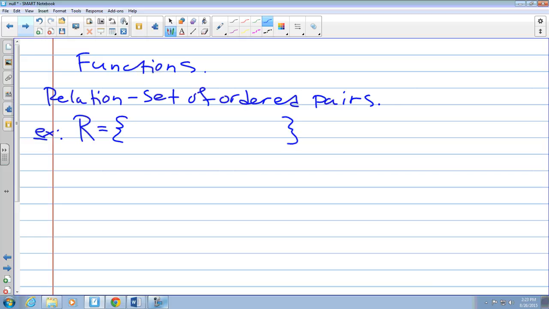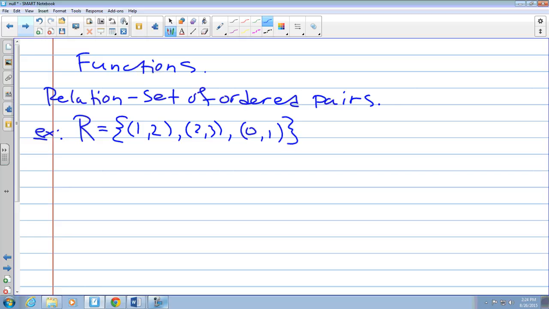How many of you have dealt with set curly braces? Is that something we're not certain about? Okay, I'll dive back a little bit. Now we'll just list things, ordered pairs, whatever I want: (1, 2), (2, 3), (0, 1). So here I have a relation, a set of ordered pairs. 1 relates to 2, 2 relates to 3, 0 relates to 1, for whatever reasons.